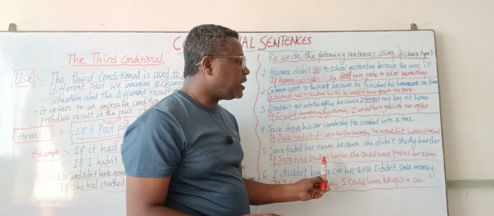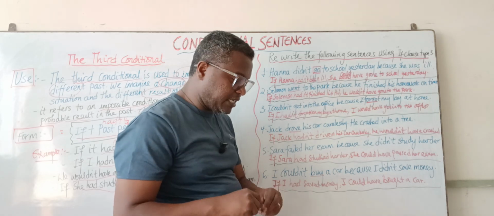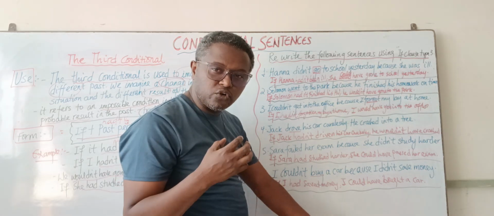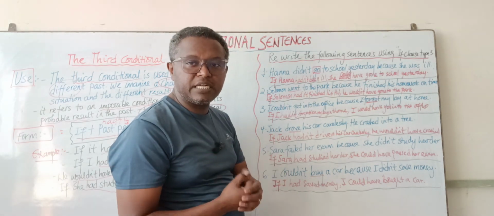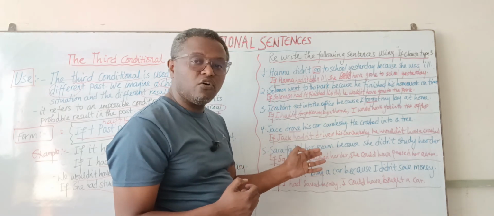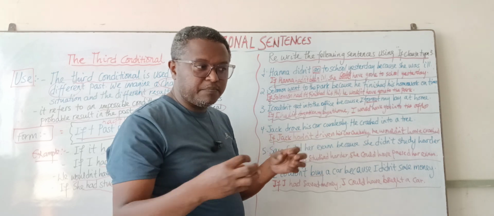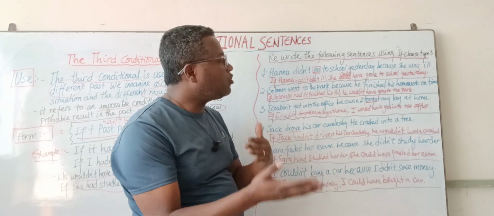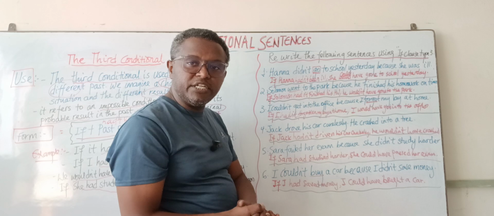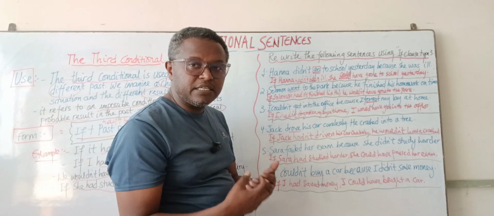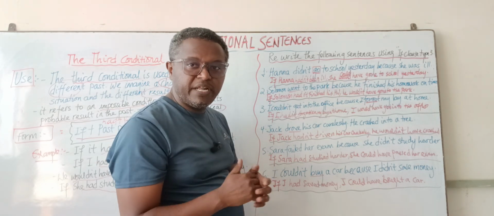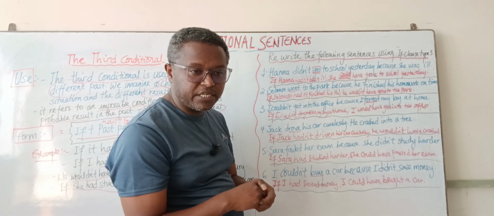So these are very good examples to challenge our understanding of conditional sentences. When you are given something different and converting them into conditional sentences, that is the maximum level of understanding conditional sentences.